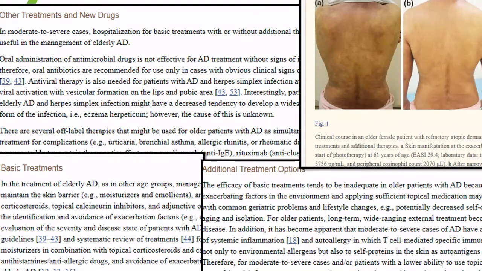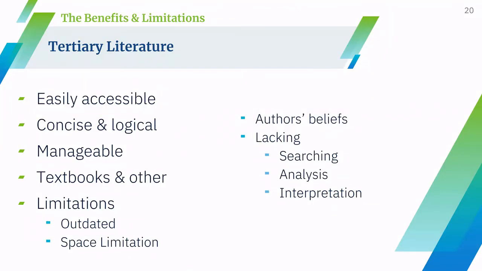Now that we have seen all examples of tertiary literature, let's discuss their characteristics. Tertiary references provide the user with easily accessible information presented in a concise, logical format. Thus, the user is presented with a manageable document that is prepared from a vast amount of published information.